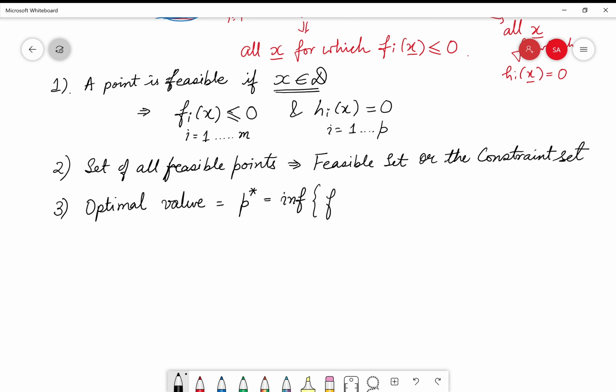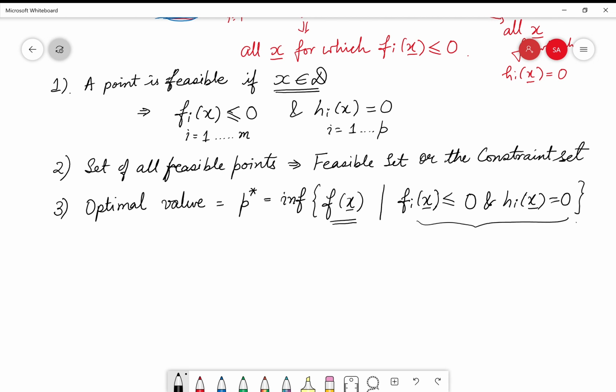Infimum of f(x) such that f_i(x) is less than or equal to 0 and h_i(x) is equal to 0. So we minimize this function f(x) for all of the values of x such that these two conditions are met.